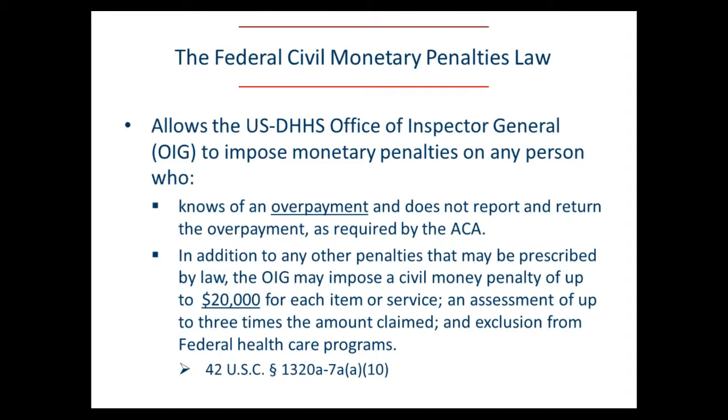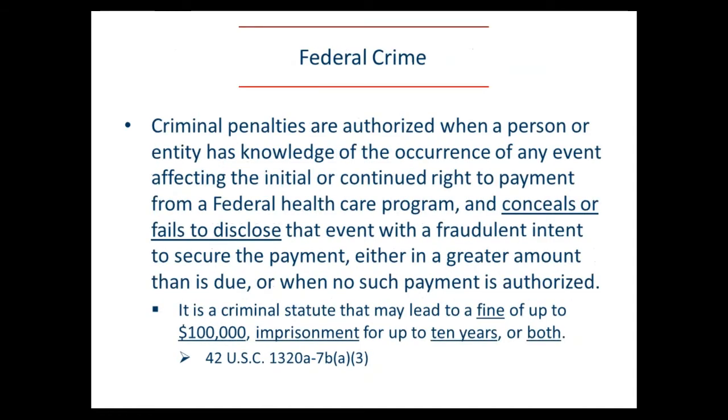So for this, the OIG can impose a civil penalty of up to $20,000 for each item or service, and also assess treble damages, 3 times the amount claimed. And there's also the possibility of exclusion from federal health care programs.